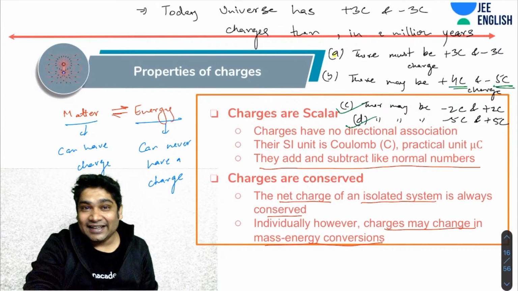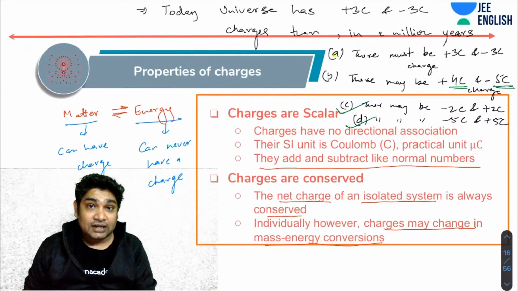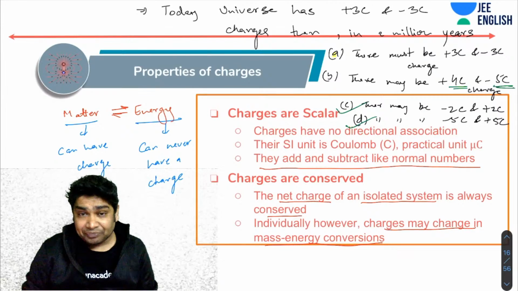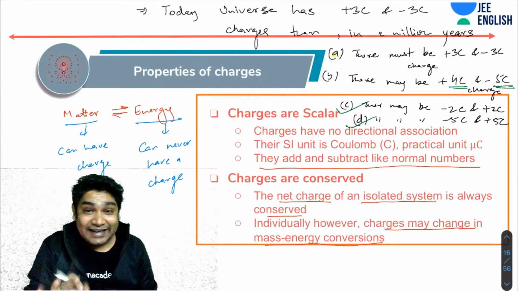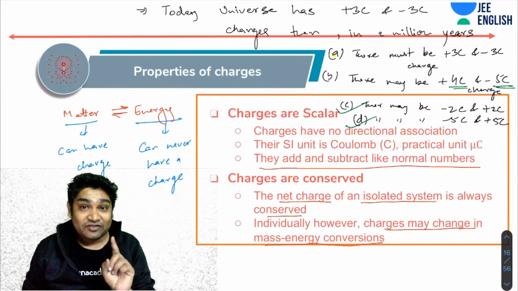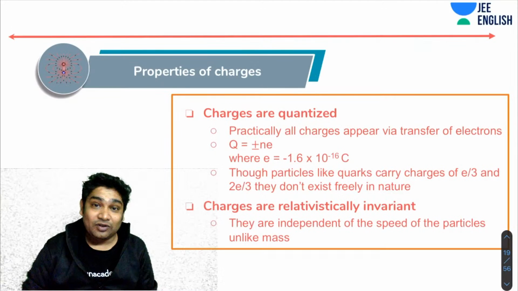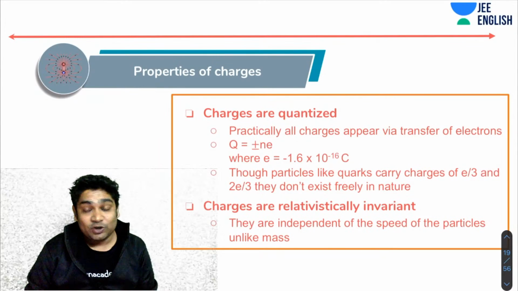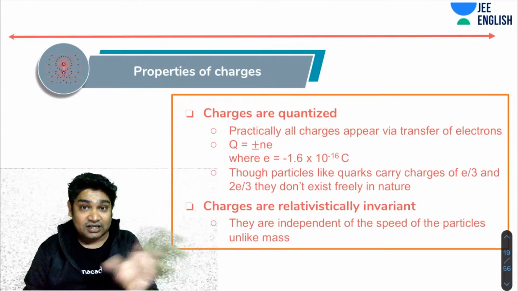Okay. So please remember, whenever we talk about conservation of charge, it is always about conservation of net charge. That is very important. This could lead to a very good question, which would confuse most people who think that conservation of charge means individual charges are conserved.